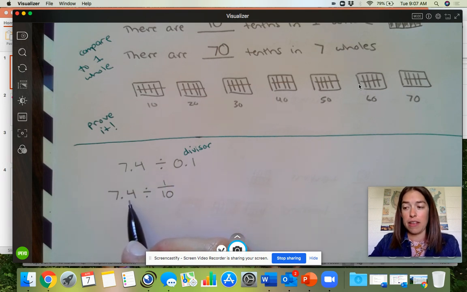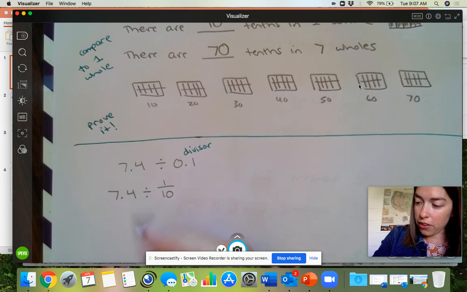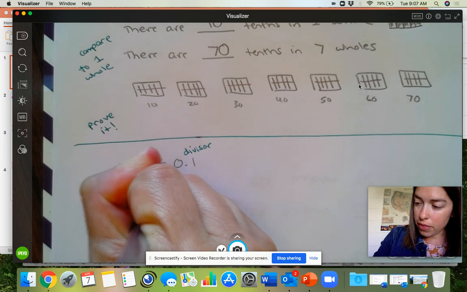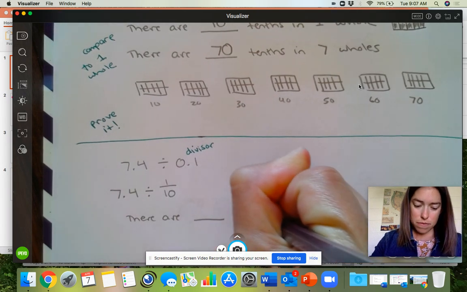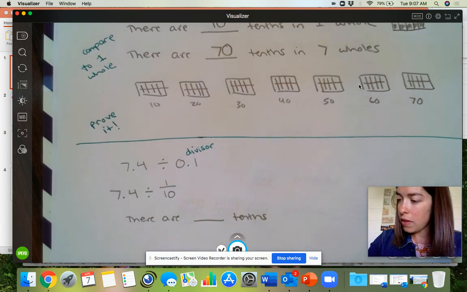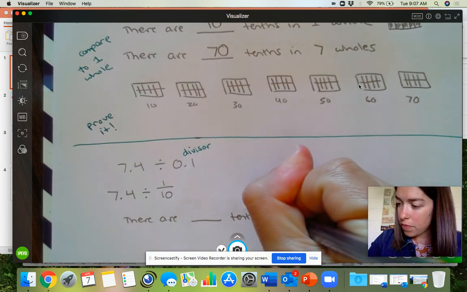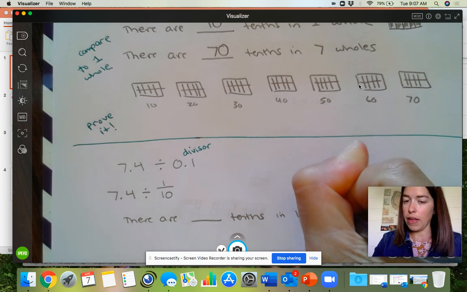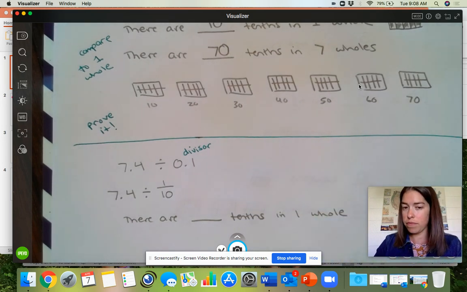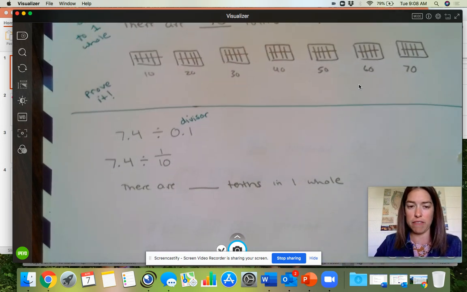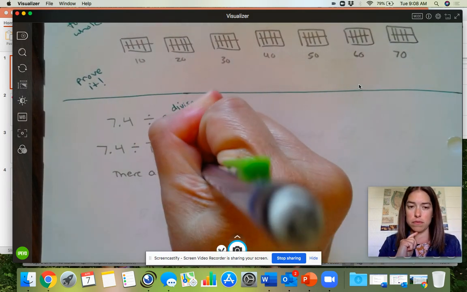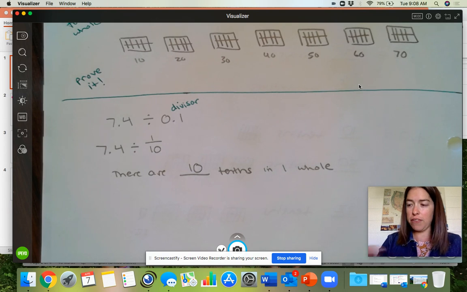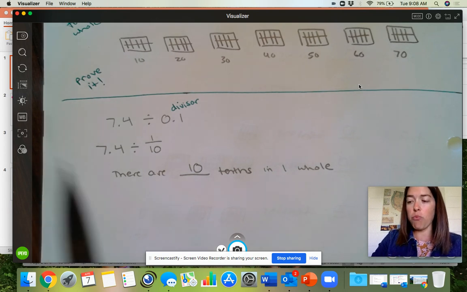Okay, let's go ahead and compare it to a whole. So write along with me. There are blank tenths in one whole. That should be easy breezy. We should already have that filled out. We know that there are 10 tenths in one whole. So now I need to figure out, okay, I don't have one whole.